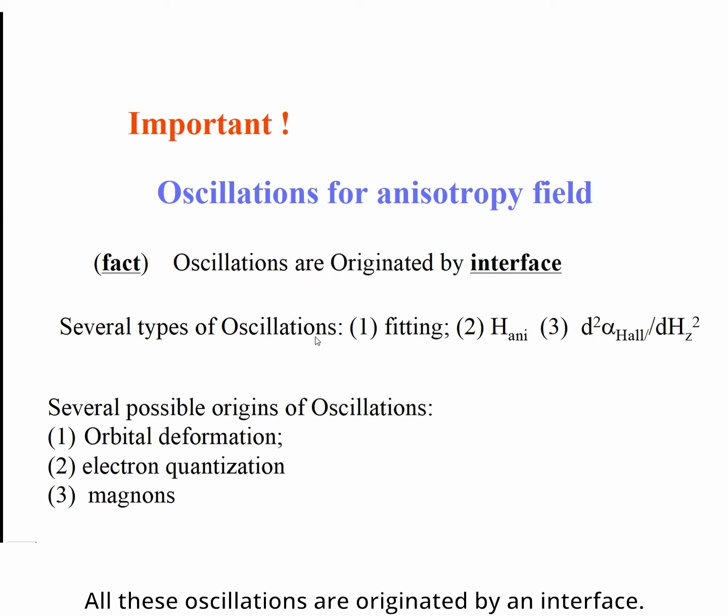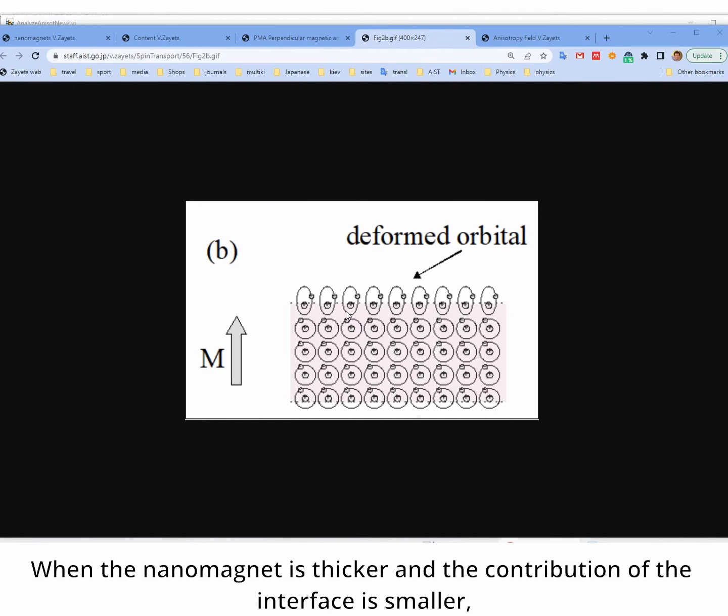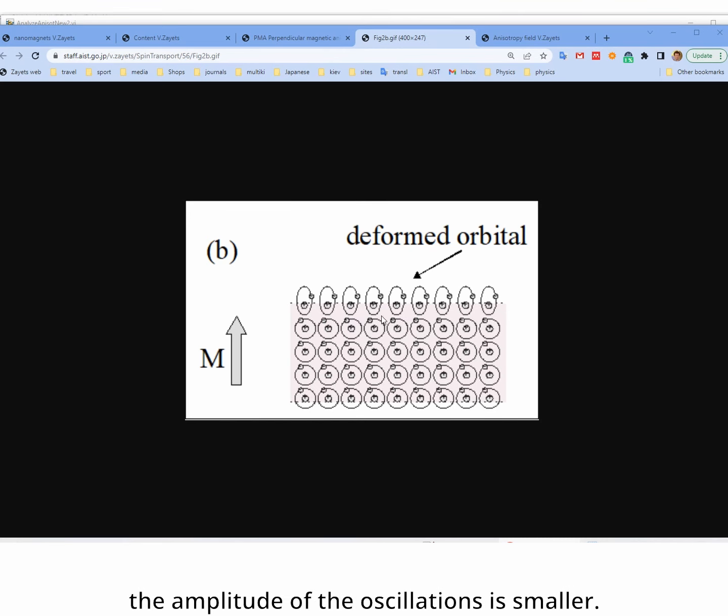All these oscillations originate from the interface. It is a fact, because the amplitude of these oscillations clearly depends on the nanomagnet's thickness. When the nanomagnet is thicker and the contribution of the interface is smaller, the amplitude of the oscillation is smaller.